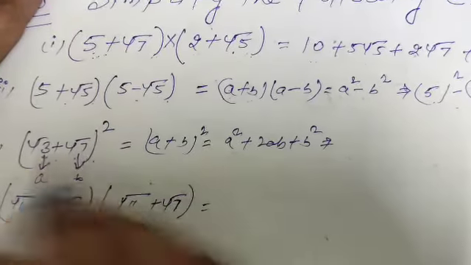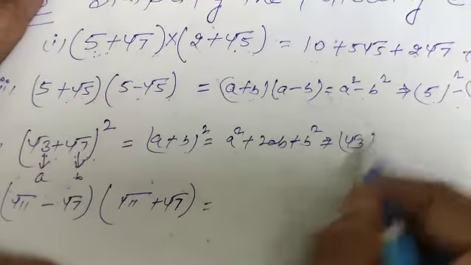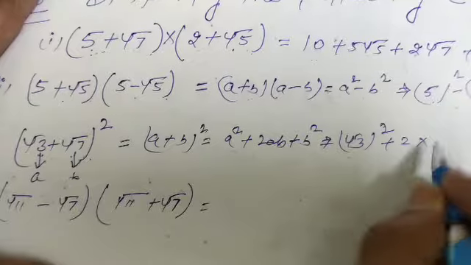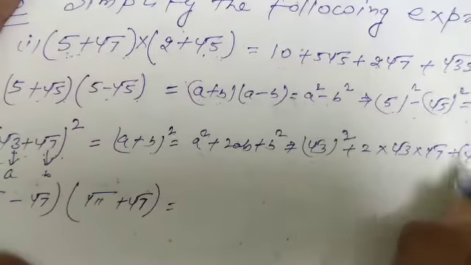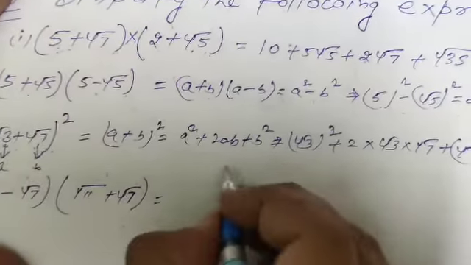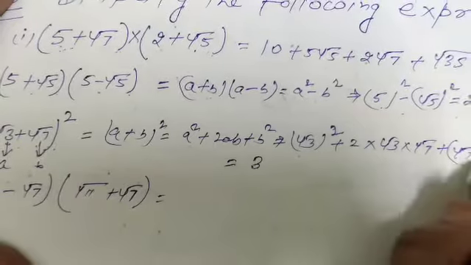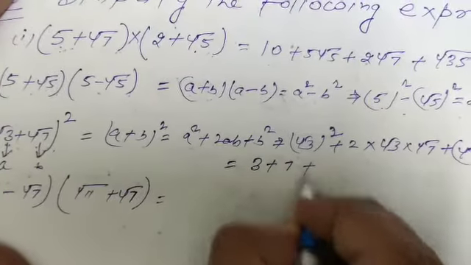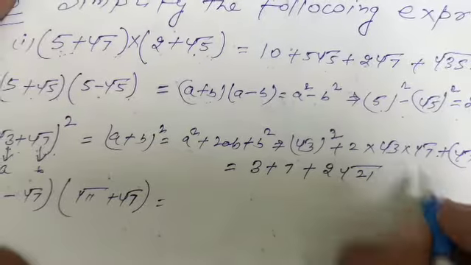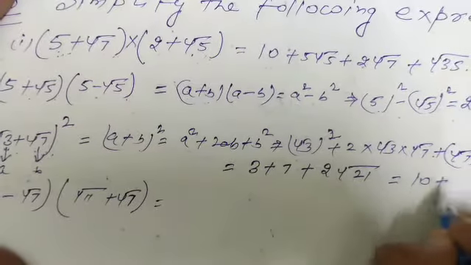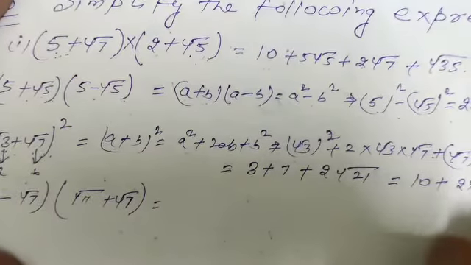A square, what is that? Root 3 square plus 2 into root 3 into root 7 plus root 7 whole square. Root 3 square is 3 and root 7 square is 7. 2 root 21. Root 3 into root 7 equals root 21. What is that? 10 plus 2 root 21 will be the answer.